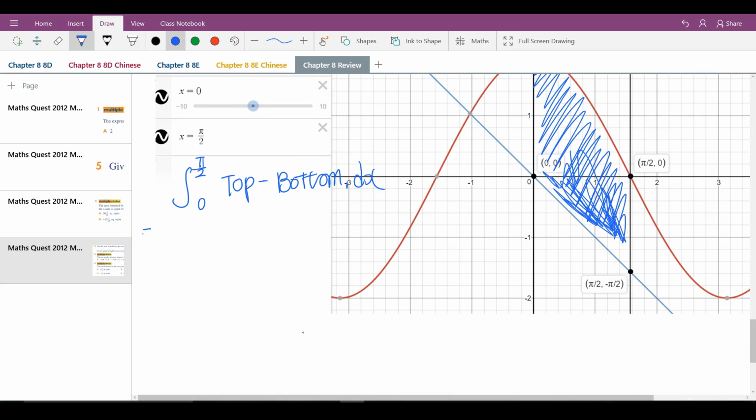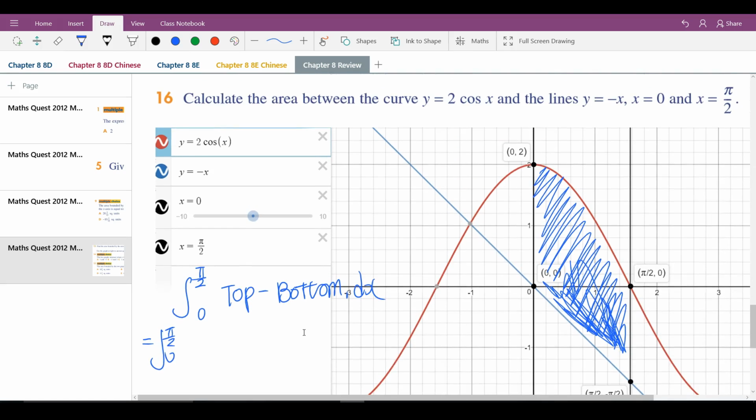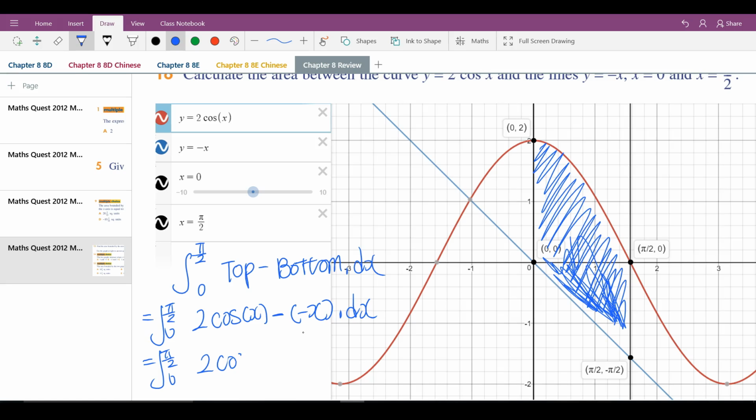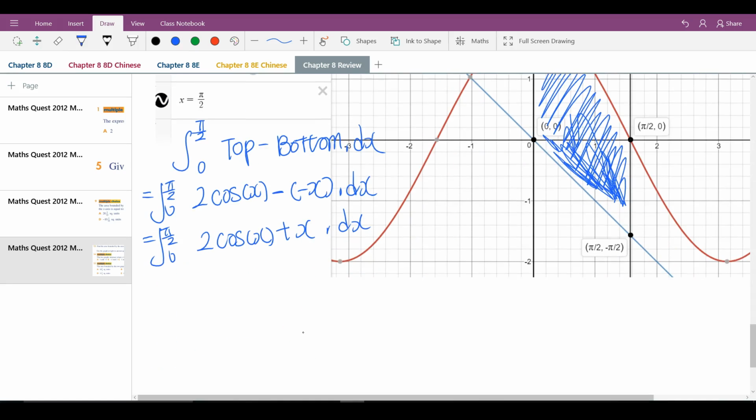Alright, so the top function would be the cos function, right? 2 cosine x minus the bottom function, which is -x. And that gives us 2 cosine x plus x. Integrate with respect to x. Yeah? Alright, let's integrate away.